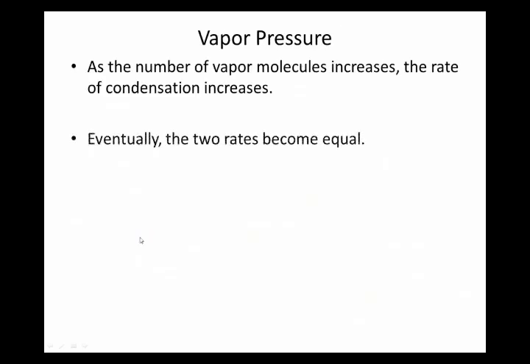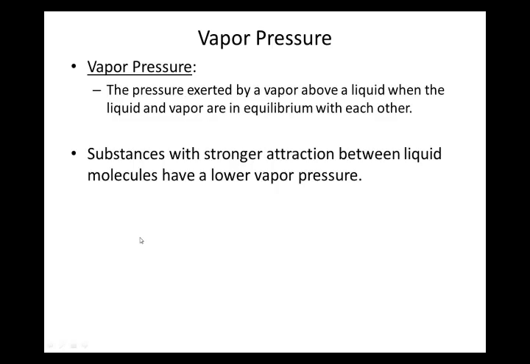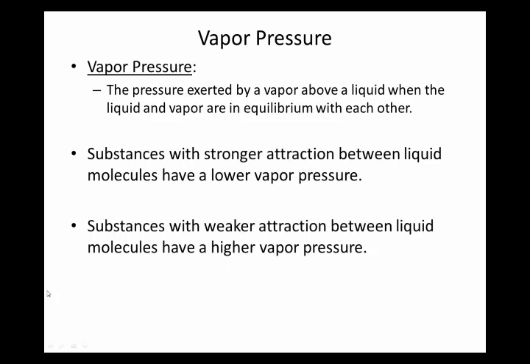So vapor pressure is lower with stronger attraction between the liquid molecules. Right? Conversely, substances with weaker attraction have higher vapor pressures. Let me use an example: water and acetone. Let's do a little experiment here.